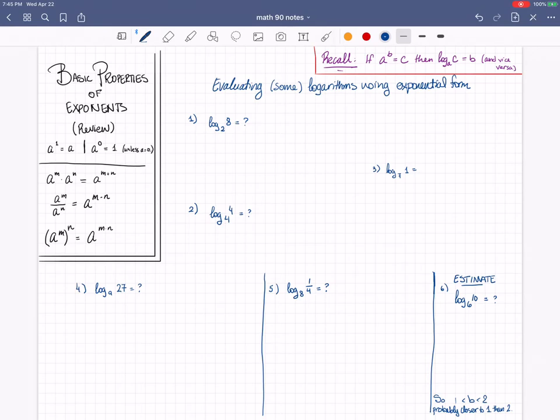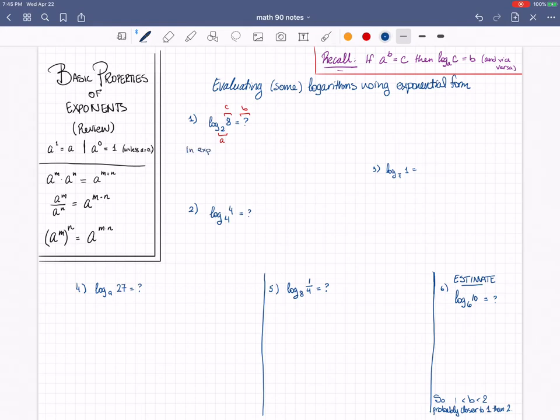So log base 2 of 8, what is the value of that? Well, I want to start by labeling in accordance with our red box up at the top here. So here, 2 plays the part of a, 8 plays the part of c, and the unknown is b. Okay? So let's rewrite this in exponential form.